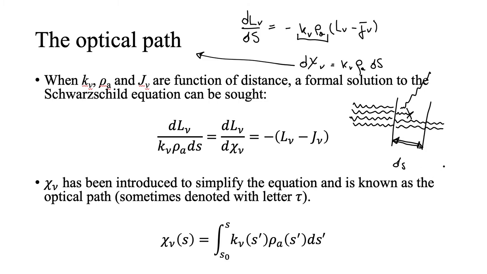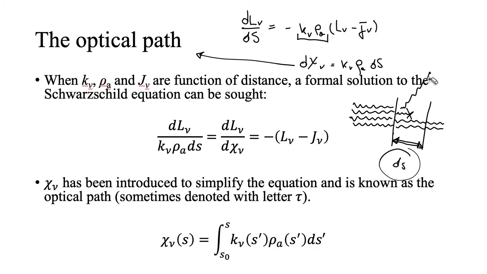If you ask me what is the distance traveled by this light beam, technically speaking, from here to here, it would be ds. But for some photons, the answer might be a little bit trickier.